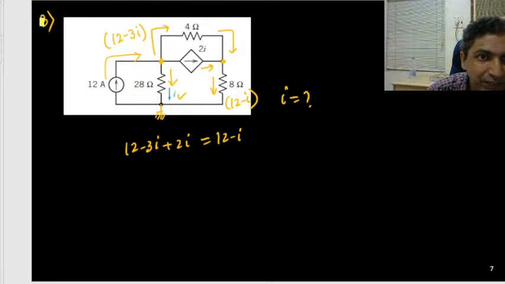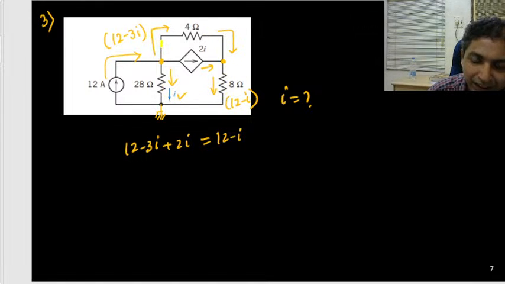If I consider this a loop, I'll start with 28 ohm, then go through 4 ohm, then 8 ohm, then again come back to this point. So I can consider one loop here, and there I can apply KVL.